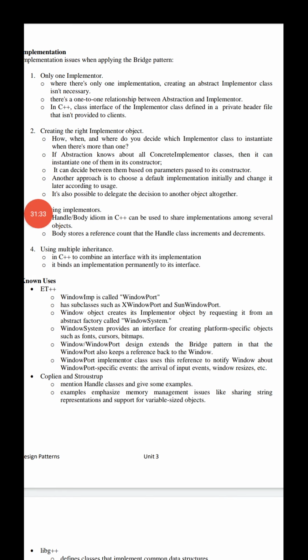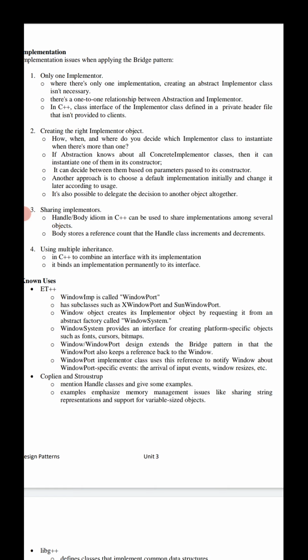In the sense here, we are using multiple inheritance. In C++, if you need to combine an interface with its implementation, for example, a class can inherit publicly from abstraction and privately from a concrete implementer.